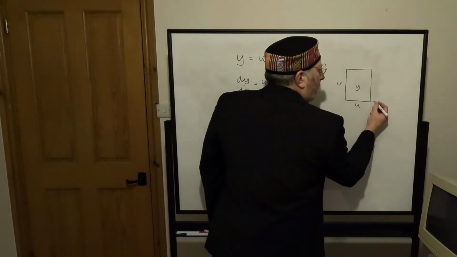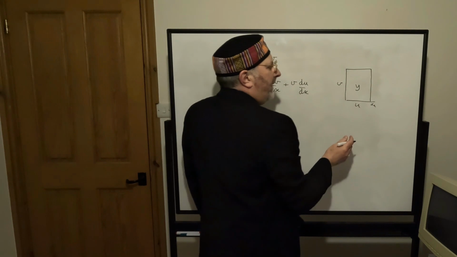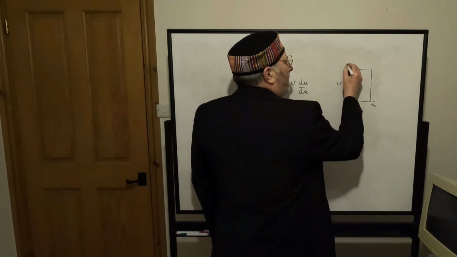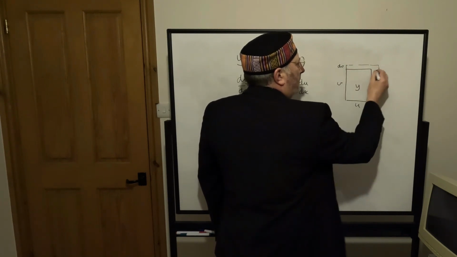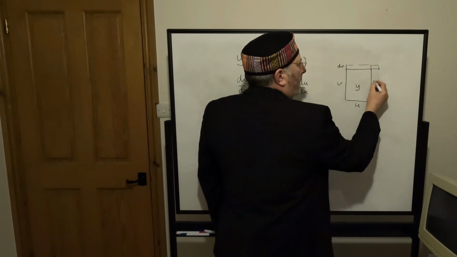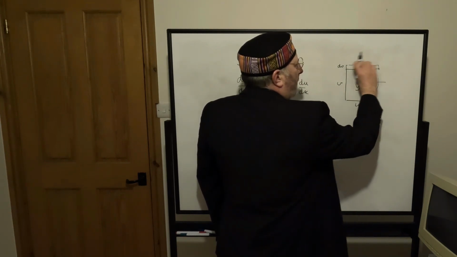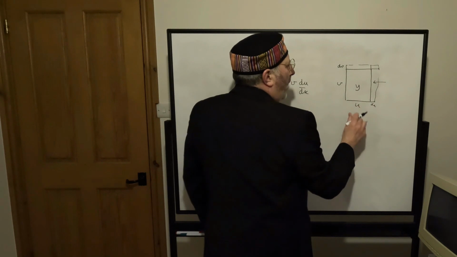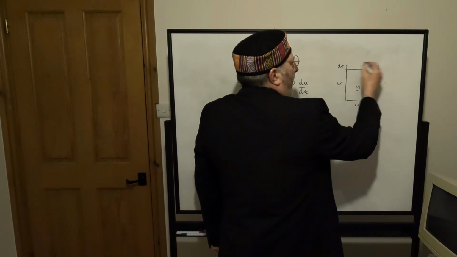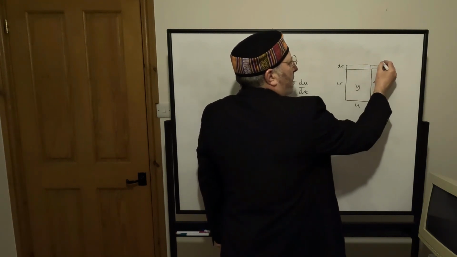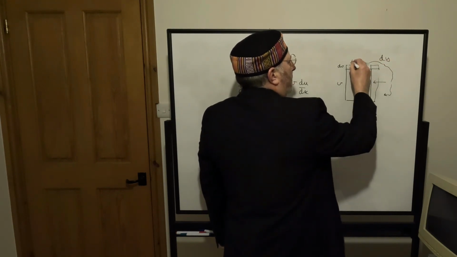If we increase u by an amount du and v by an amount dv, we've got a new rectangle, and this area around that rectangle, that's the increase in y. y has gone from here to this larger rectangle. So the area around the edge here is dy, this whole thing around the edge here.